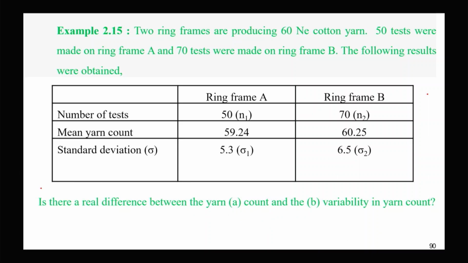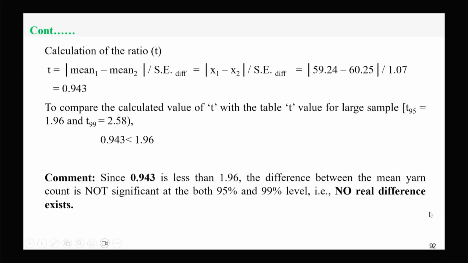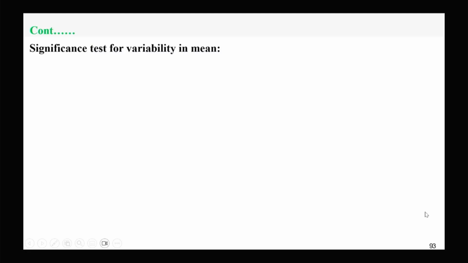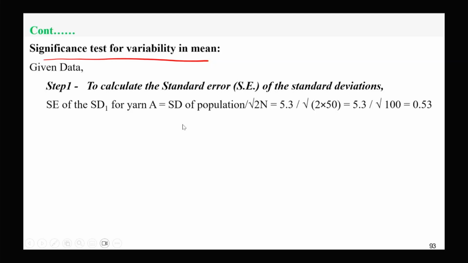Now here let us test for the variability. So the significant difference between the variability 5.3 and 6.5. Here we see the significance test of variability. So first step, we have to calculate the standard error of the standard deviation.